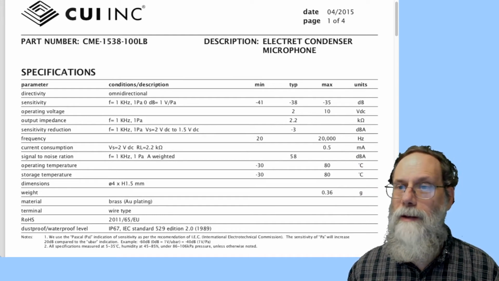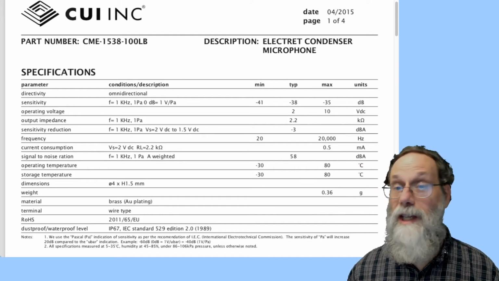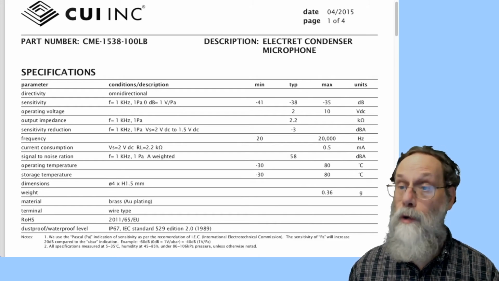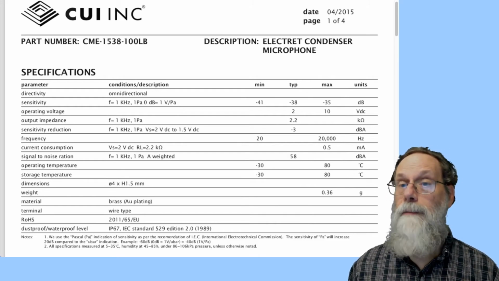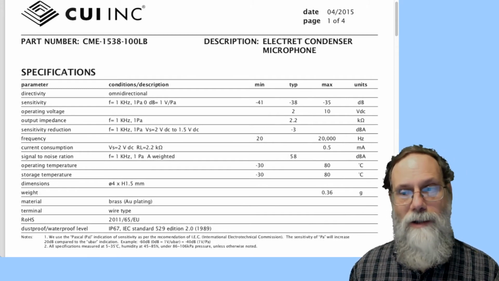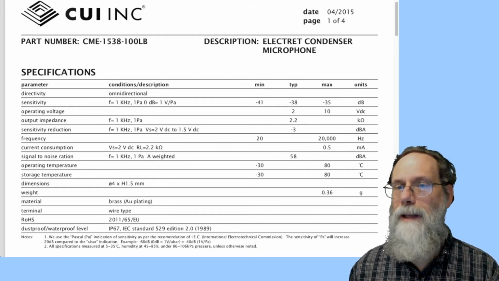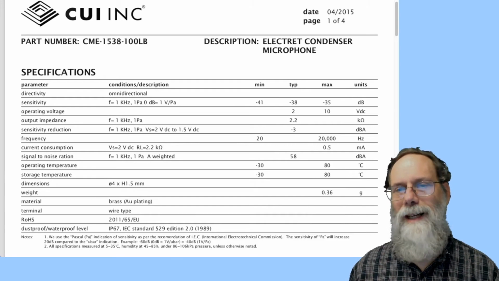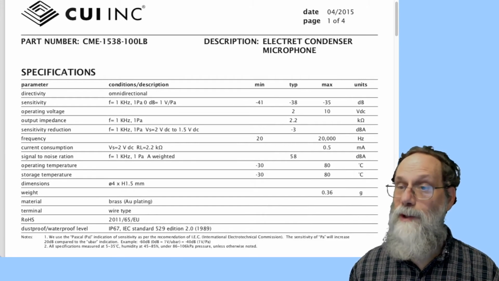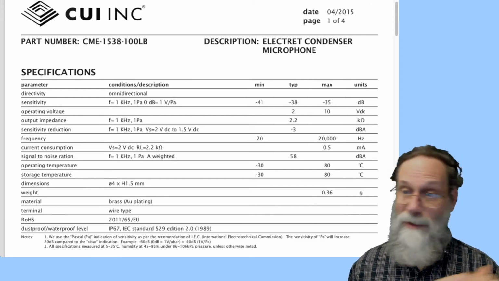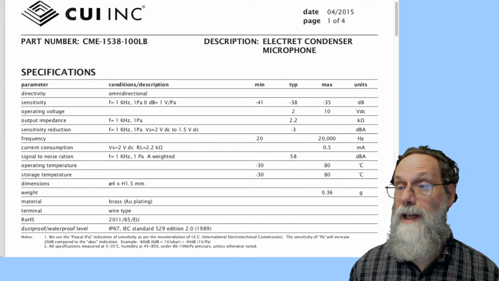And then further down they say sensitivity reduction. How much does the sensitivity reduce if we switch from Vs being 2 volts DC to 1.5 volts DC? Again, implying that they used 2 volts DC for doing their measurement. Because if you switch to 1.5 volts DC, we would expect, if we stay in the saturation region, that there wouldn't be any change in the sensitivity, because in the saturation region, the DC current stays the same.